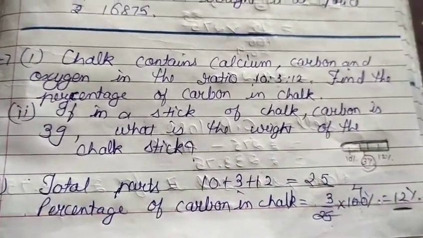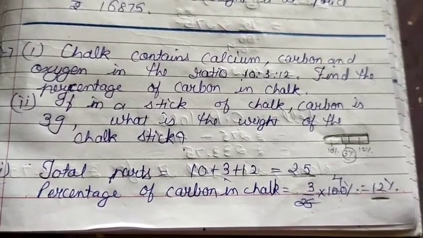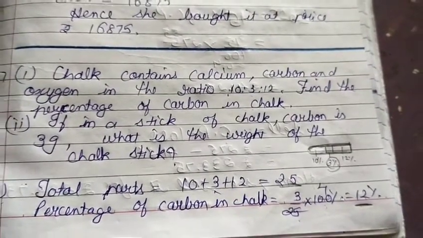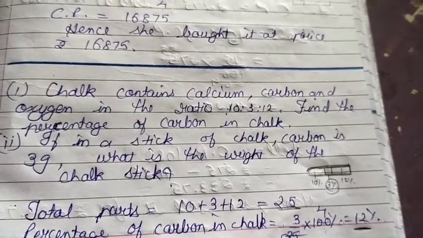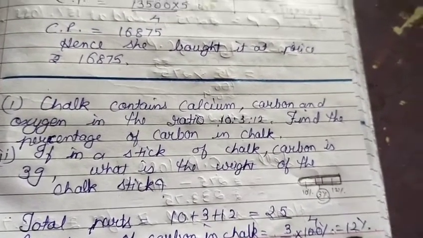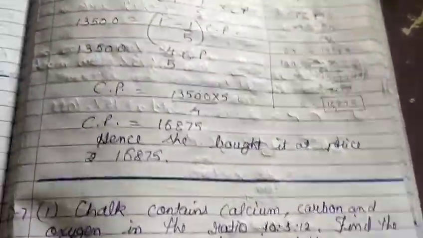So we have to find the total weight of the chalk stick. Now here we found that in a whole chalk 12% is carbon. So from that we have to find the total weight of the whole chalk. So let us see how to do it.